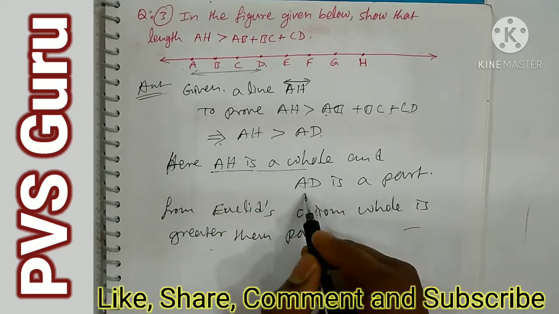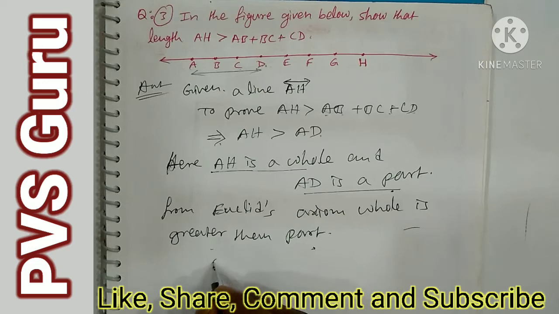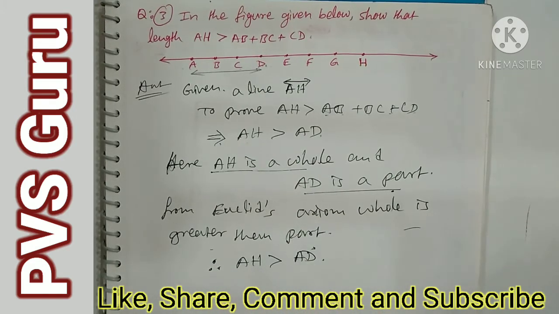AH is the whole, AD is the part. Therefore, AH is greater than AD. So automatically AH is greater than AD, which means AH is greater than AB plus BC plus CD. So it is proved.